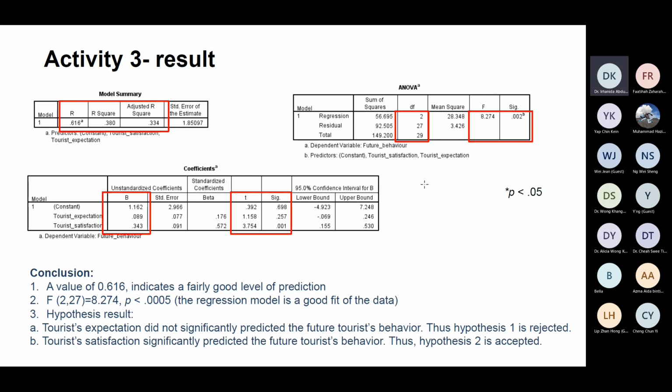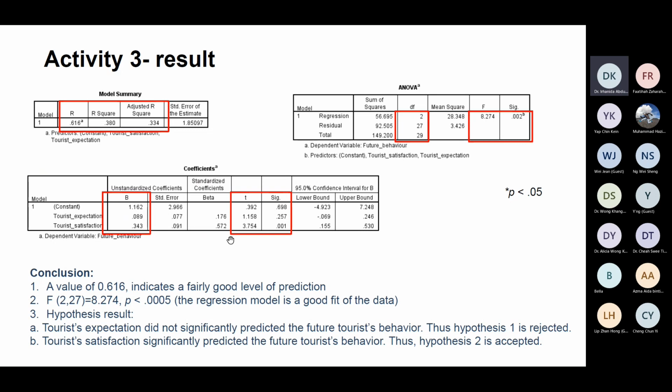This is the model summary result, and the beta value is here. From the result, for tourist expectation the sig value is greater than 0.05, so it did not significantly predict future behavior.